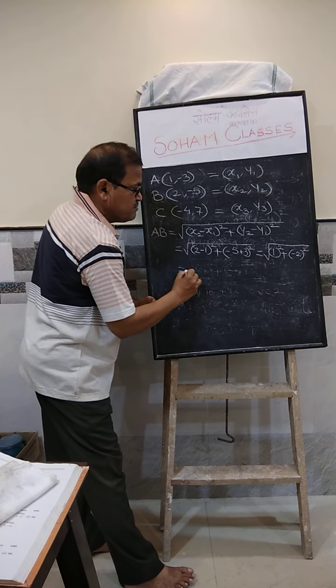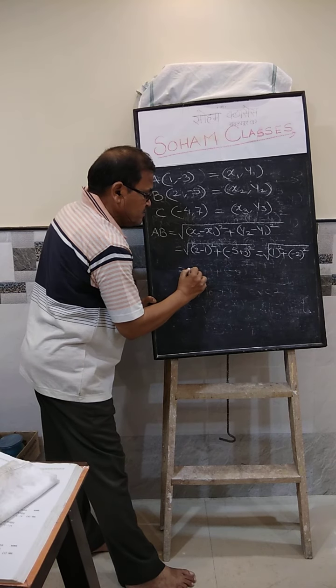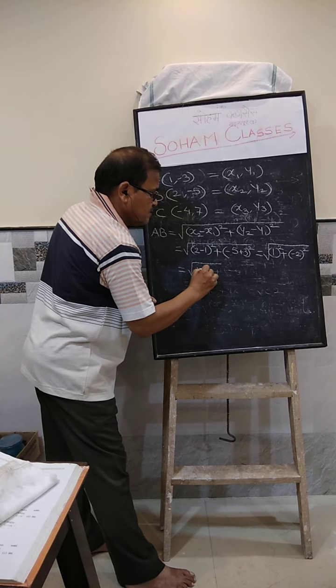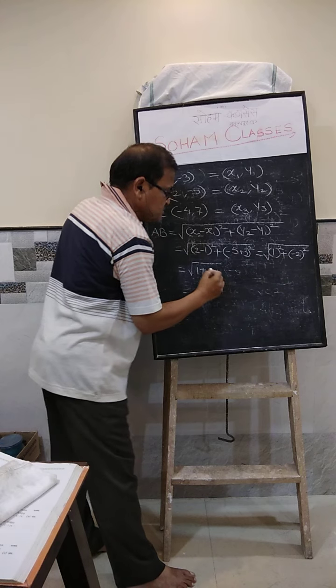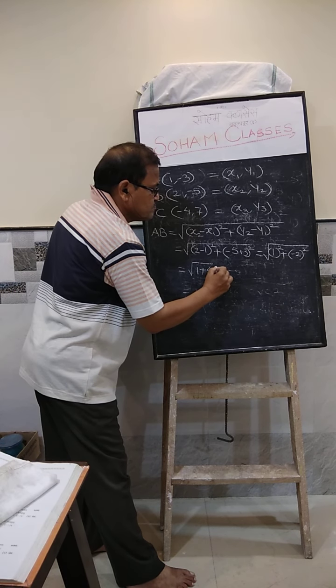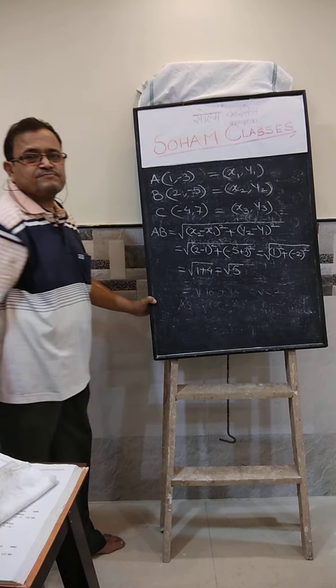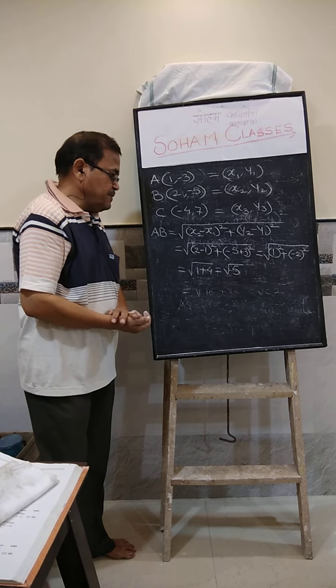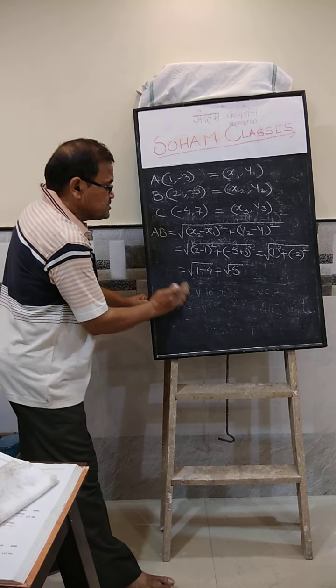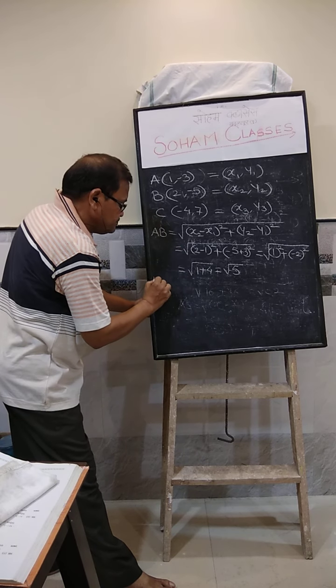So we get 1 square, that is 1, plus the square of minus 2, that is 4. So we get root 5. This is the distance AB.